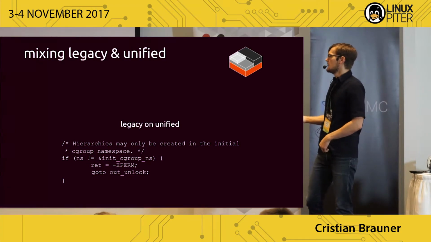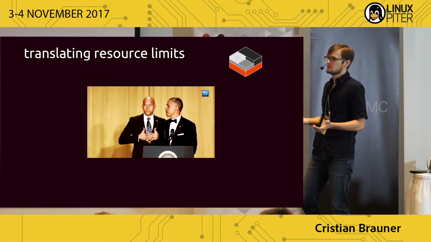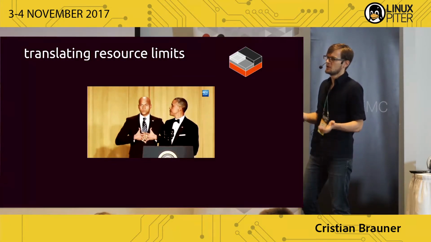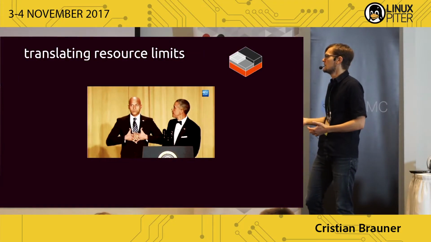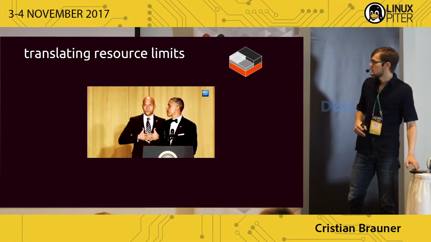There is a check in the kernel that says hierarchies can only be created in the initial cgroup namespace, so even if you have controllers free and not bound to a hierarchy, but they are not mounted on the host, you cannot do so inside of the container. So this actually is an interesting challenge.